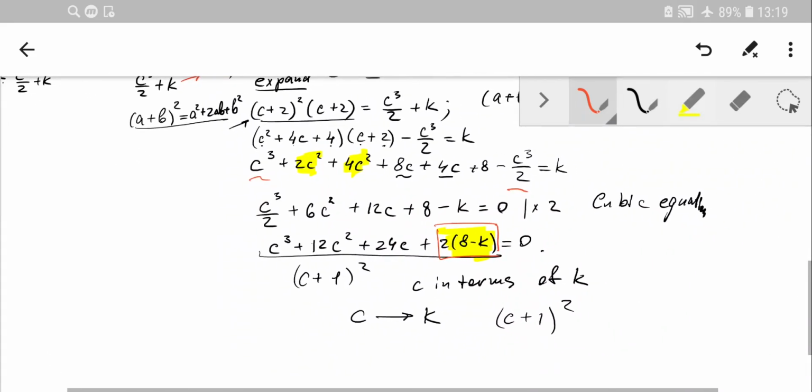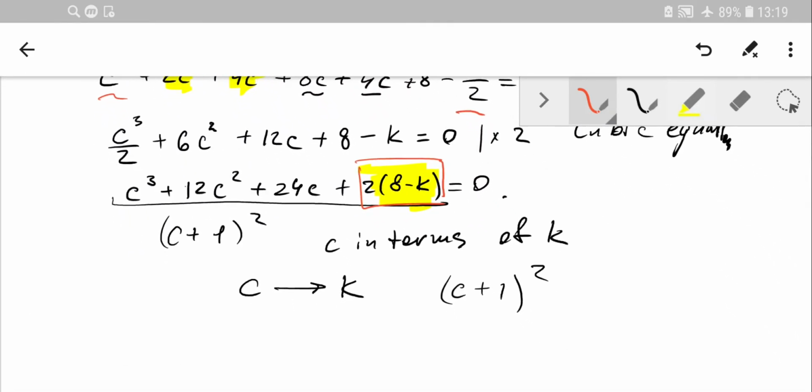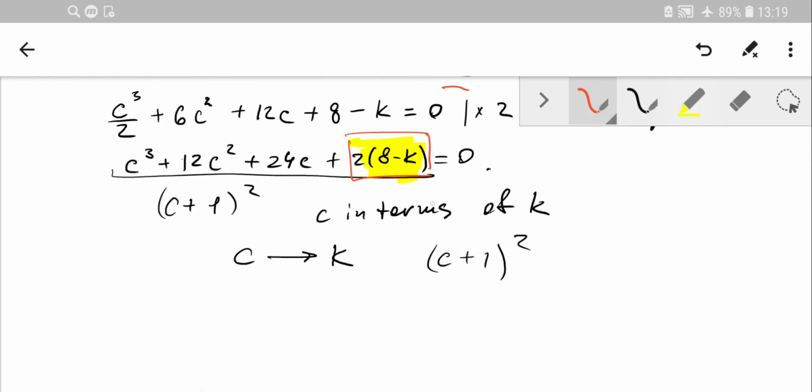Okay, so at least we've got the final cubic expression and cubic equation where we can connect c and k using just normal roots for a cubic equation. So simply you need to solve in the general way and try to connect c and k.